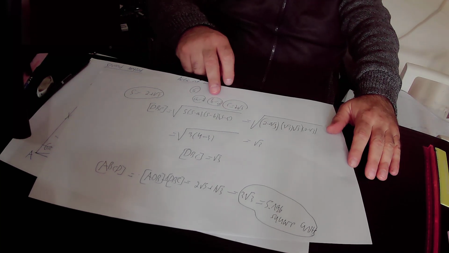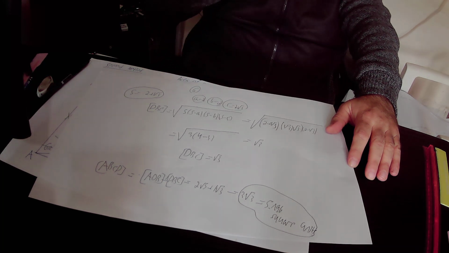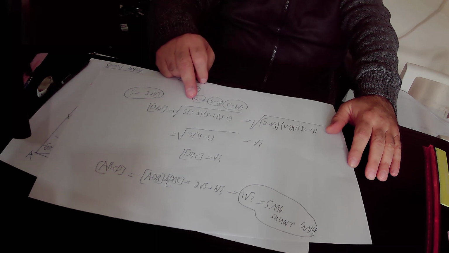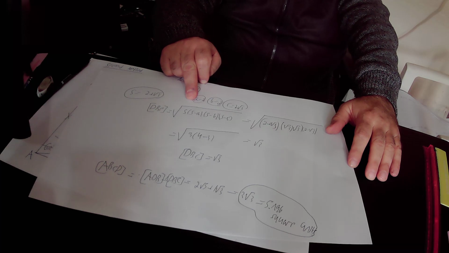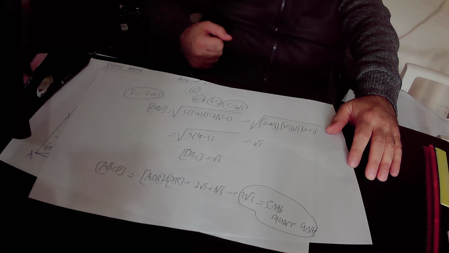The area of triangle DBC was calculated according to this formula: the area equals the square root of s times (s minus a) times (s minus b) times (s minus c), where s is the semi-perimeter of the triangle.